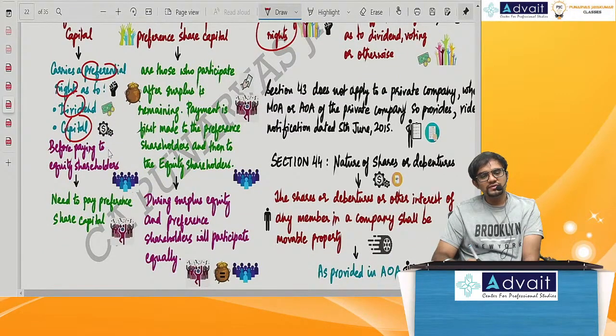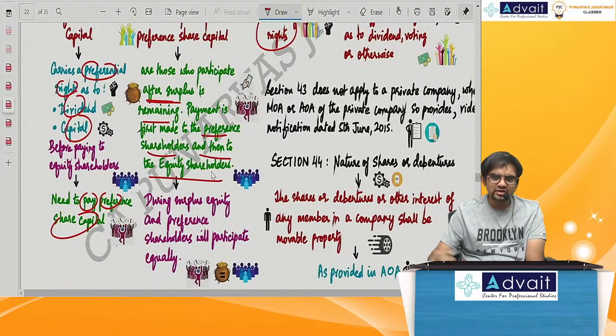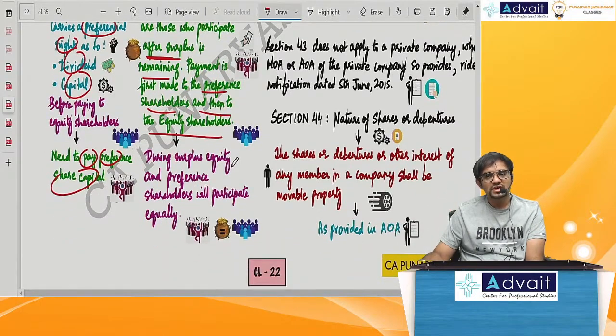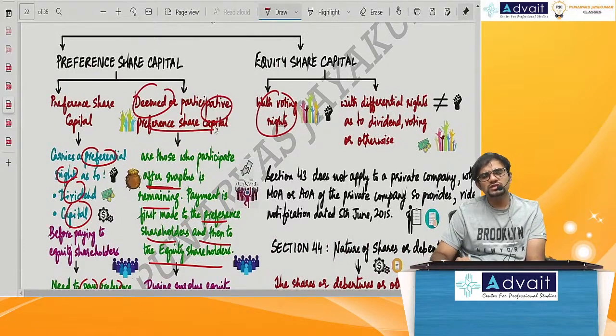Before paying the equity shareholders, I need to pay the preference shareholders. Payment is first made to the preference shareholders, and then to the equity shareholders. After that, the participative preference shareholders also participate in the profits if any surplus is remaining with the equity shareholders.